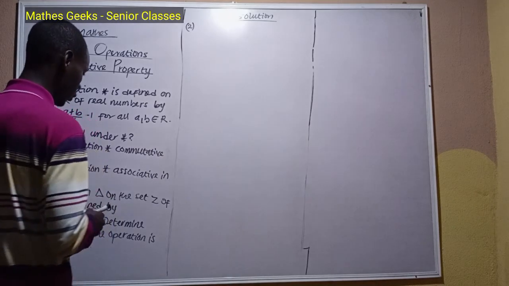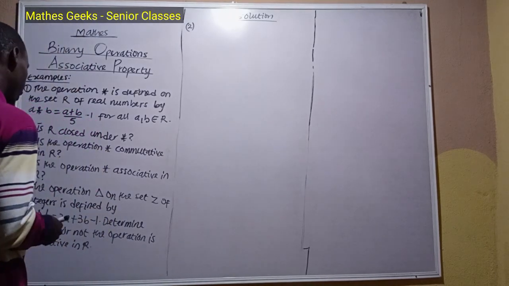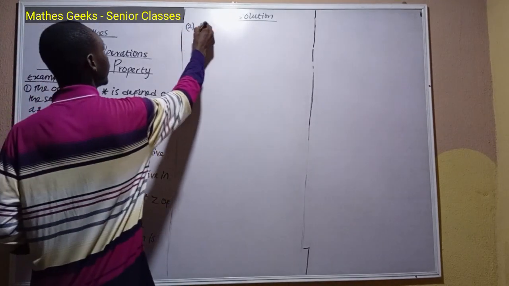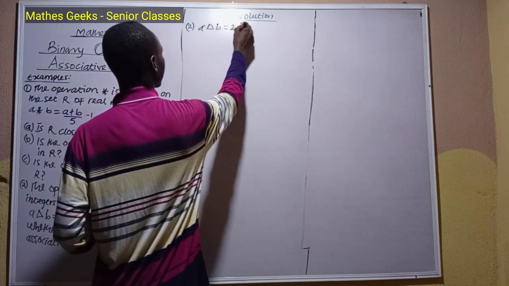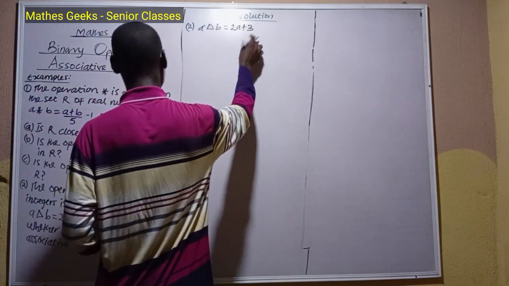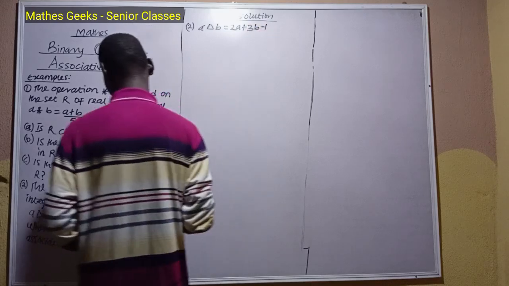The operation triangle on the set Z of integers is defined by A triangle B equals 2A plus 3B minus 1.